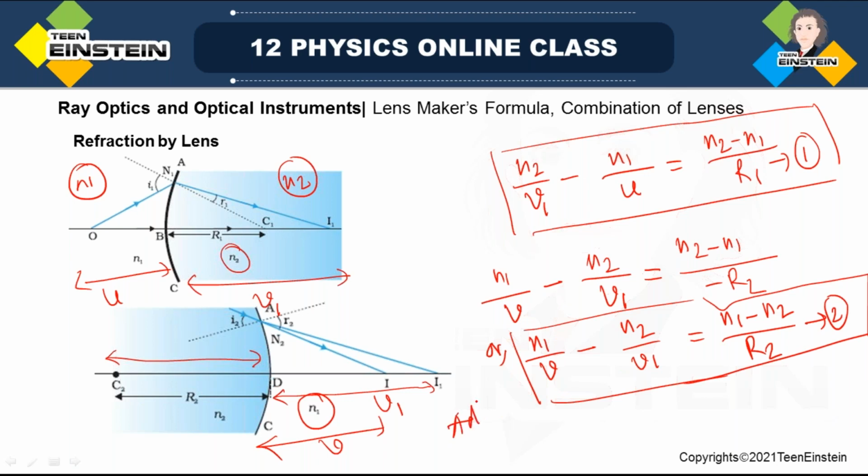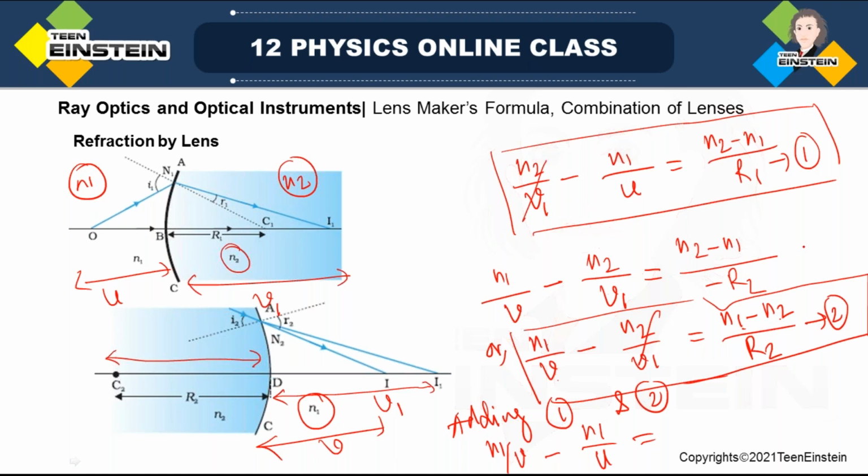Adding the left hand sides, we have N1 by V, then minus N2 by V and plus N2 by V, so these two will cancel each other, and finally we get minus N1 by U. So the left hand side is N1 over V minus N1 over U, and on the right hand side, you take N1 minus N2 common.